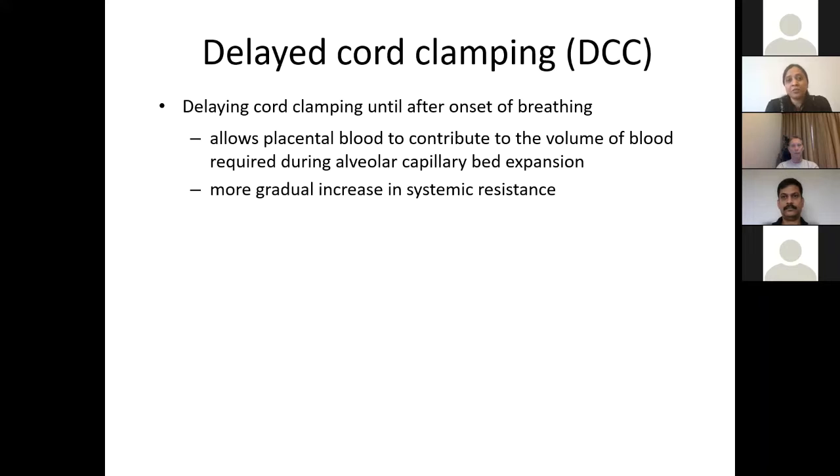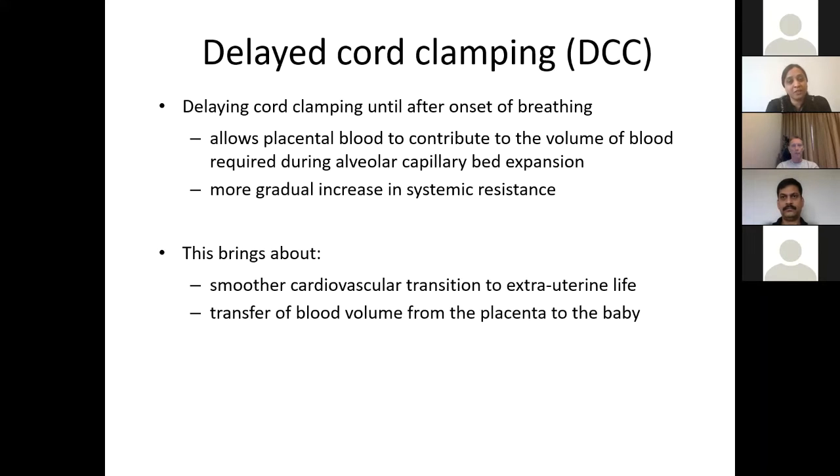It is also allowing a more gradual increase in systemic resistance. So the baby is transitioning nicely and gradually. So you have a smooth cardiovascular transition to extrauterine life, and you have a transfer of blood volume from the placenta to the baby. And all of this means that you have less frequent bradycardias.